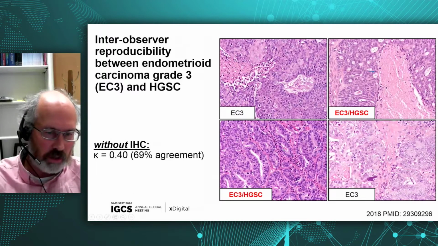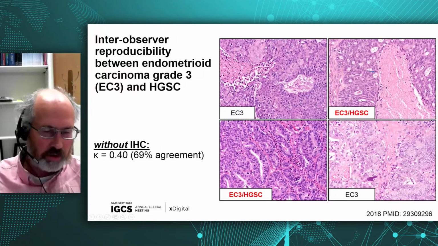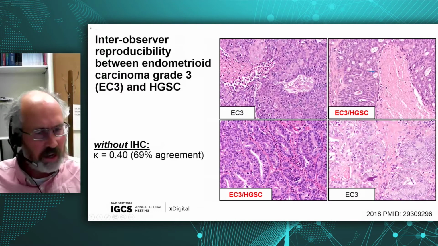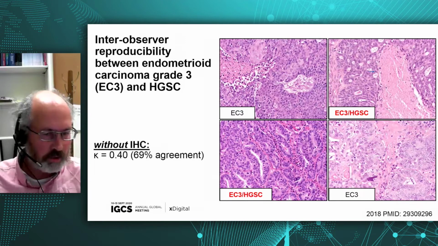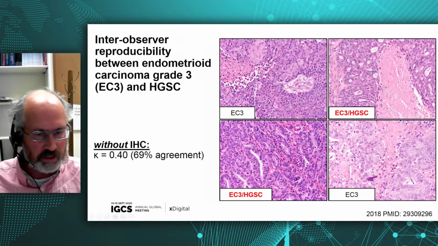So the correct diagnosis is high-grade serous carcinoma. Historically, the distinction between ovarian endometrioid carcinoma grade 3 and high-grade serous carcinoma has been very challenging. This was re-emphasized in a 2018 study where the inter-observer agreement regarding histotype in this particular difficult setting was only 69%. Here are 2 examples where the observers agreed, and 2 examples where they disagreed.